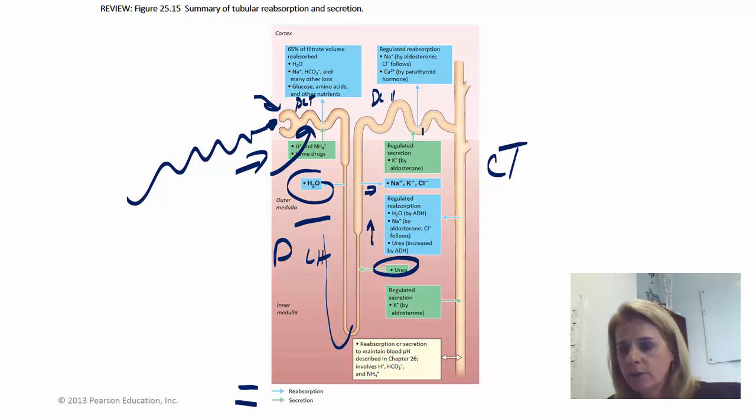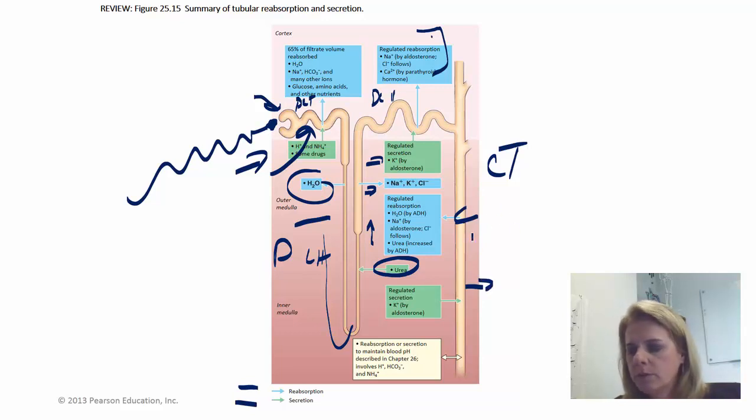In the distal convoluted tubule, both reabsorption and secretion occur. You have things like sodium, chloride, and calcium, which are under hormonal control. You have potassium secretion, which is again under hormonal control, aldosterone. In the collecting tubule, again both absorption and secretion. You get water absorption, sodium absorption, and urea absorption, all under hormonal control.